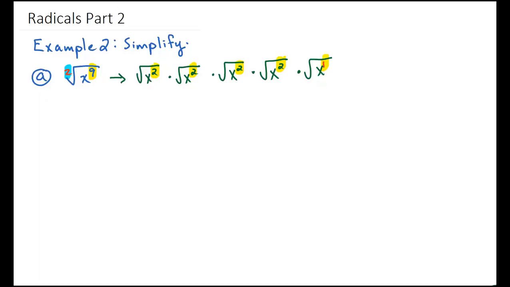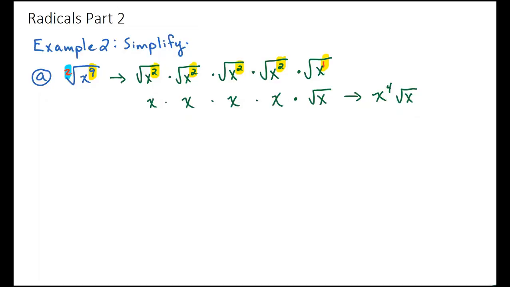So sad. So when we simplify each of those square roots of x squared, those simplify to an x. But the square root of x cannot be simplified any. Collecting all those x's up will give me x to the 4th times the square root of x. And that's as simple as that one can get.